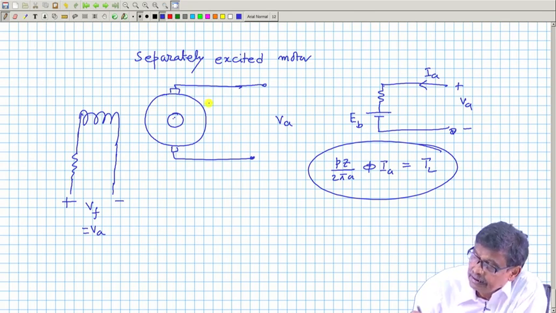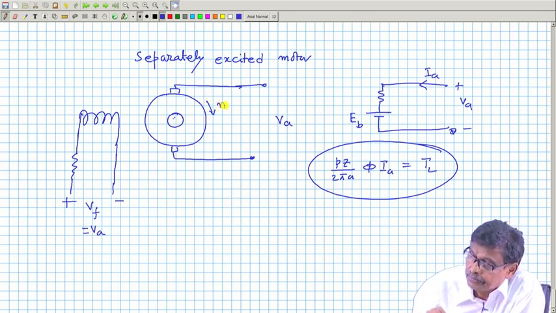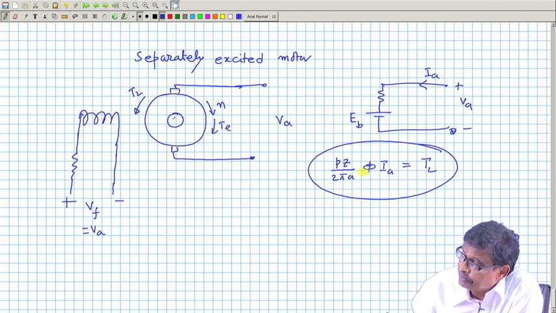If machine starts rotating this way, mechanical load torque will be this way and electromagnetic torque is this way. This is the expression of the electromagnetic torque.